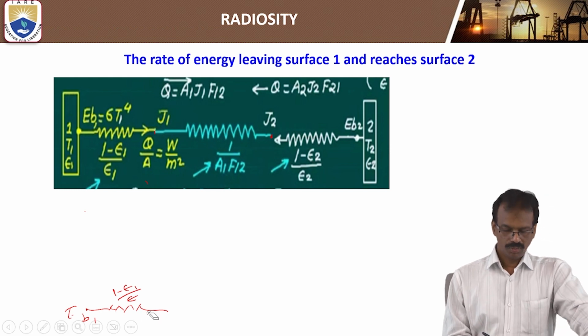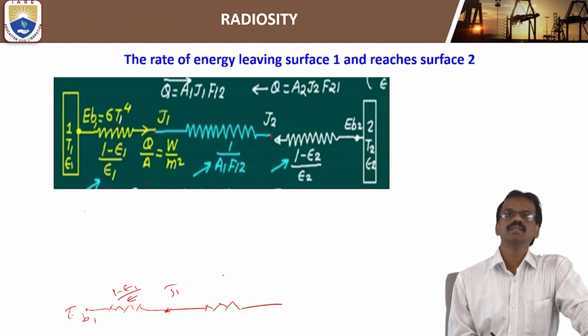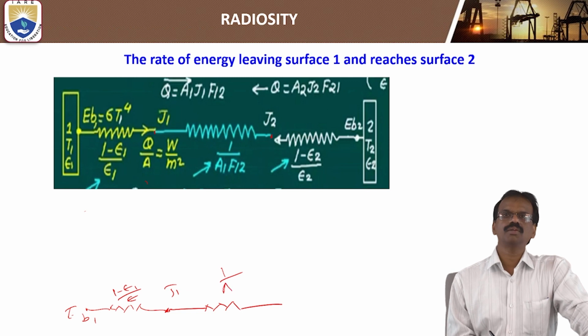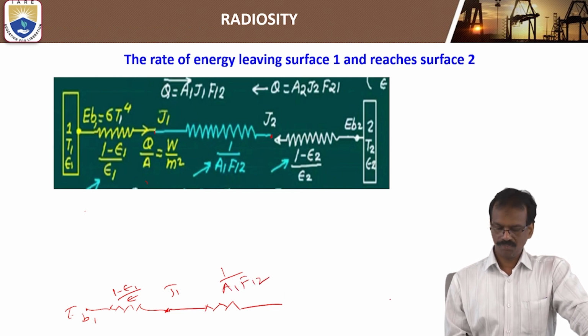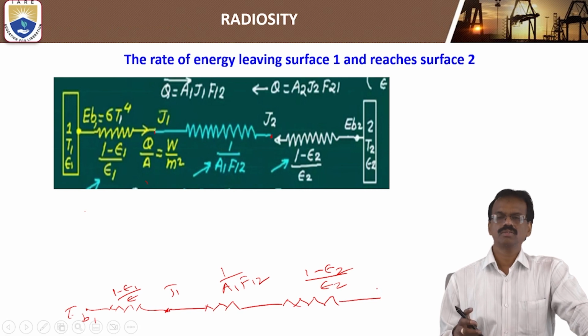Next to this is J1, then the space resistance, which is equal to 1 by A1 into F12. Then from surface 2, here is another surface resistance, the surface 2 resistance, 1 minus epsilon 2 by epsilon 2.